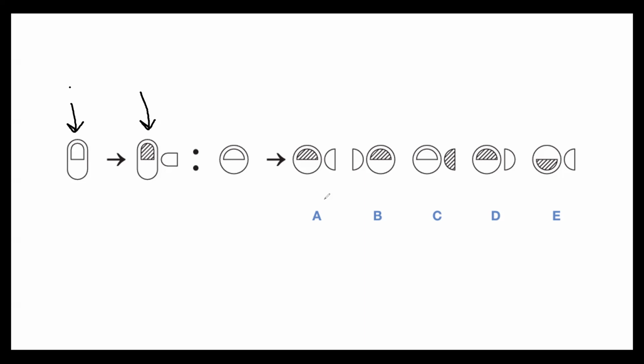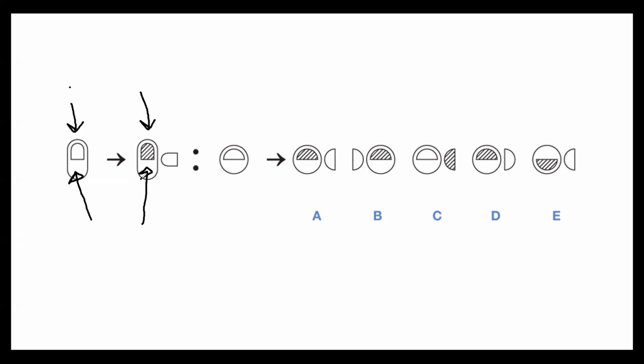The inside of the shape. Perfect, yeah, right on for being specific. Very good. So the inside of the shape is left unshaded, but then when it transforms, the inside of the shape is shaded. Don't worry about anything else that's happening right now.